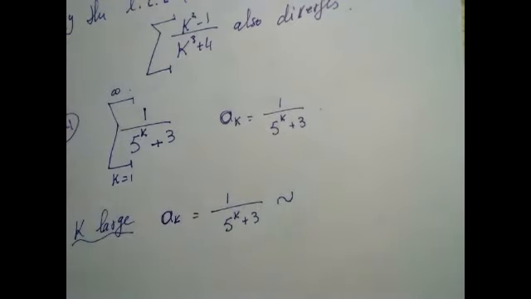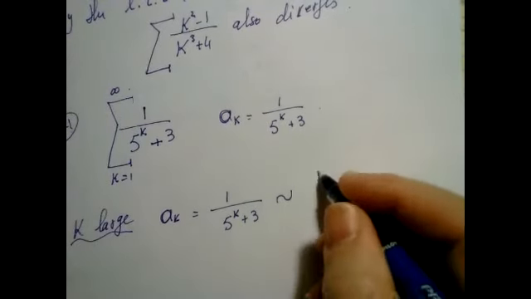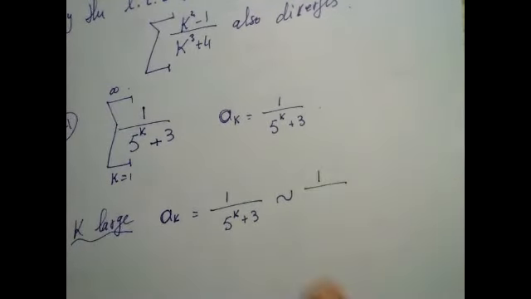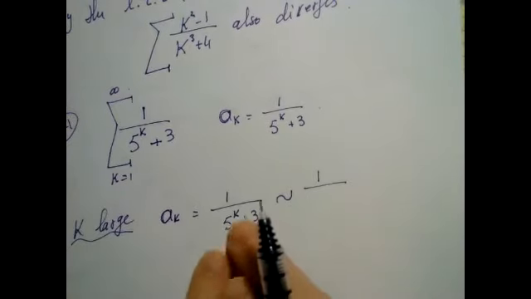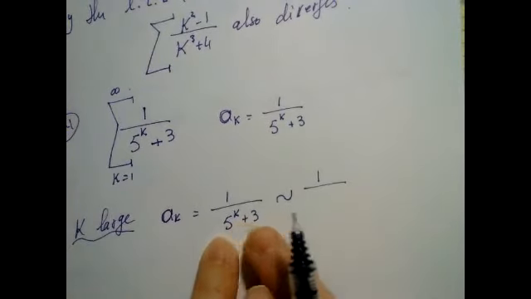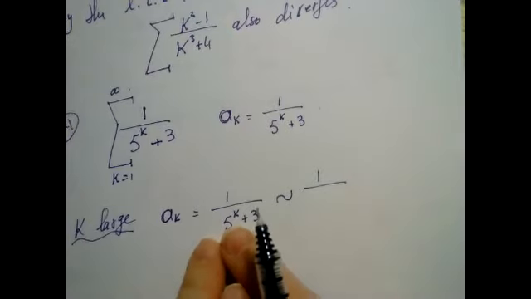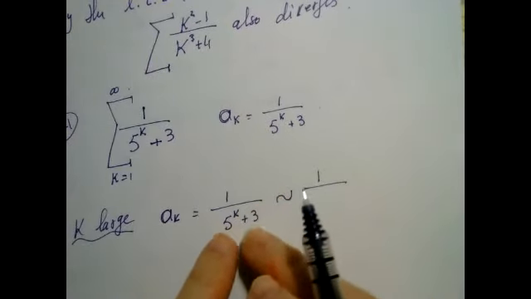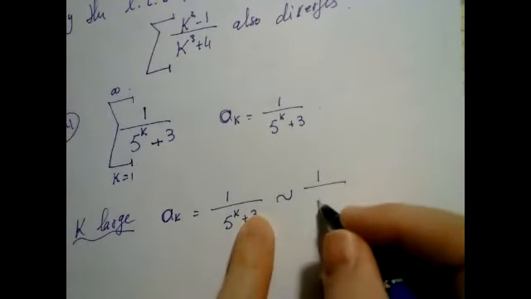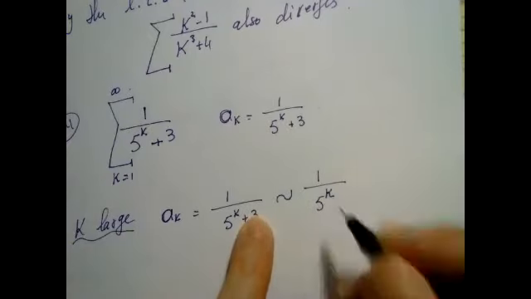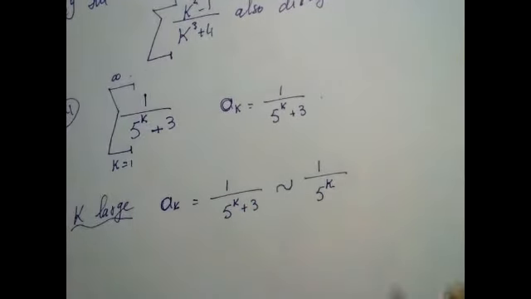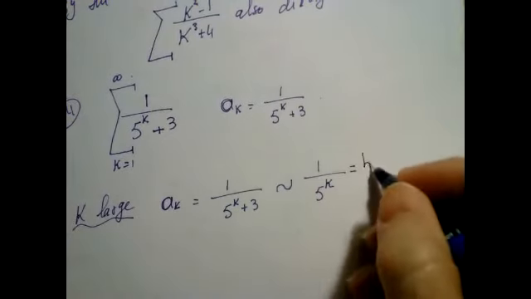Exactly. When K is large, the numerator is nothing. 5 to the K plus 3, when you plug in a very large value, plus 3 is like, if you take 5 to the power 10 even, plus 3 is almost 5 to the power 10. We're going to compare it to that. And this will be my BK.